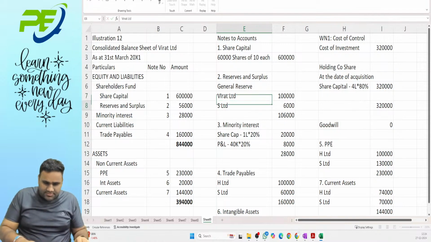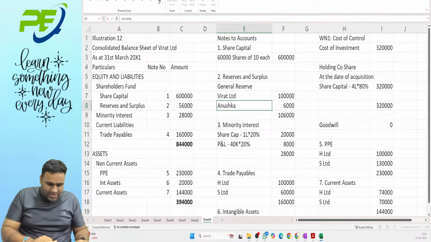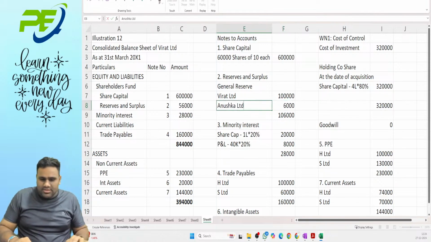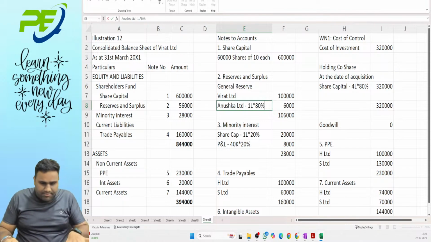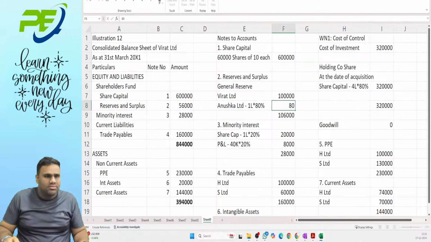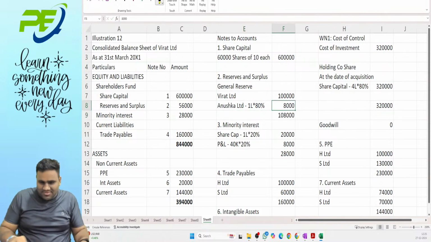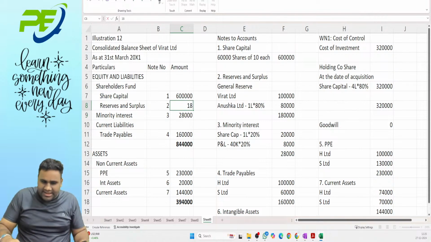Virat Limited, Anushka Limited. So 1 lakh into 80%, 1,80,000.